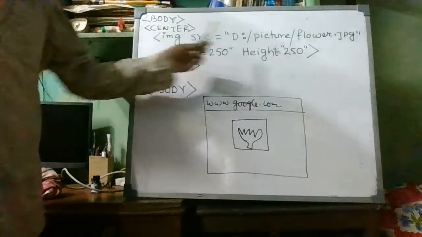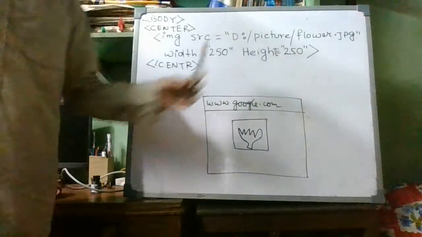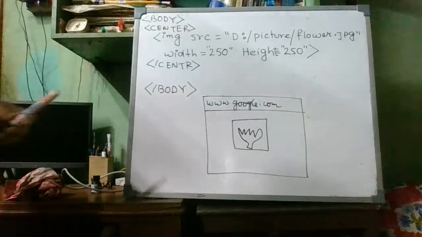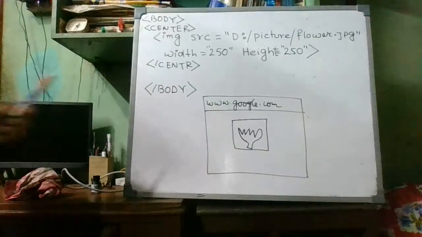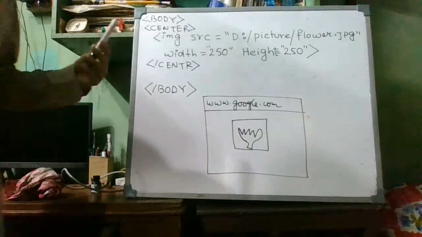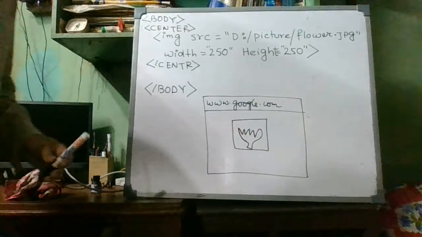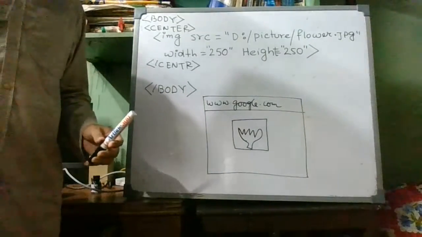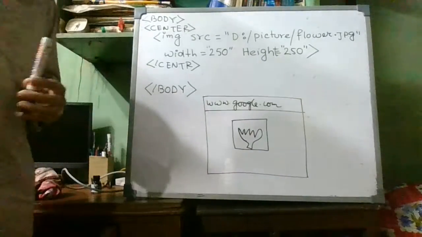So by writing one image tag, we can bring one picture into the website. We can use 2, 3, 4 and many more image tags, and by that we can bring multiple images within the web page. So I hope that you all will try multiple image tags within the body.